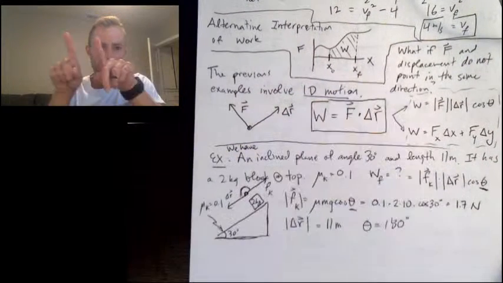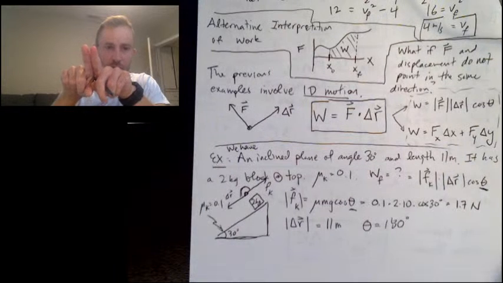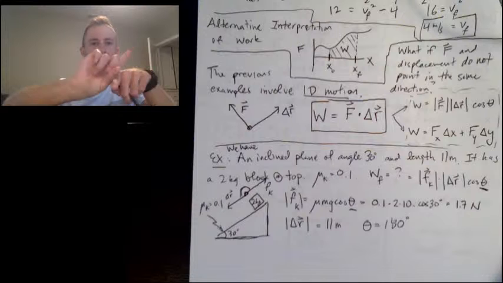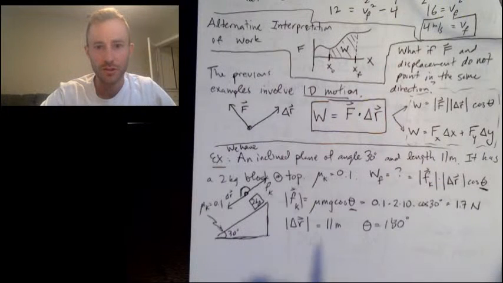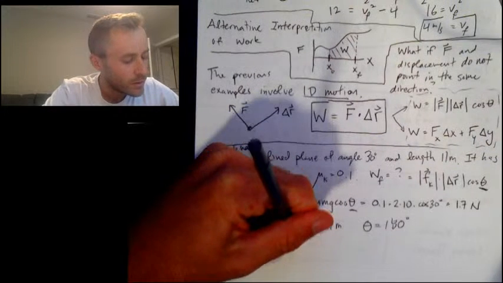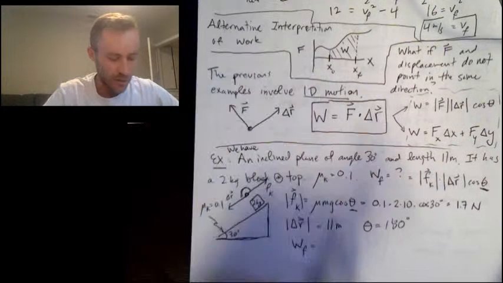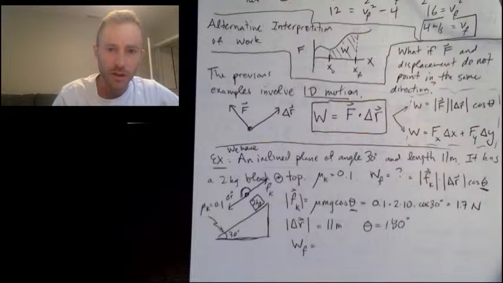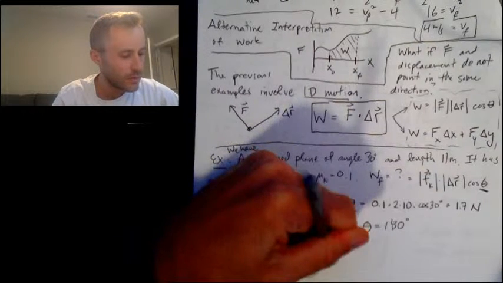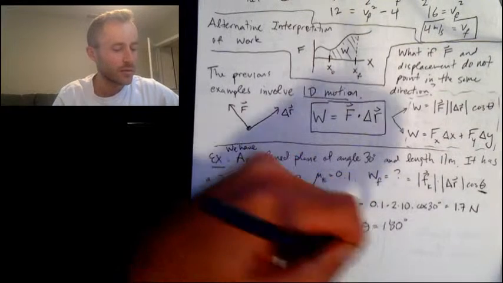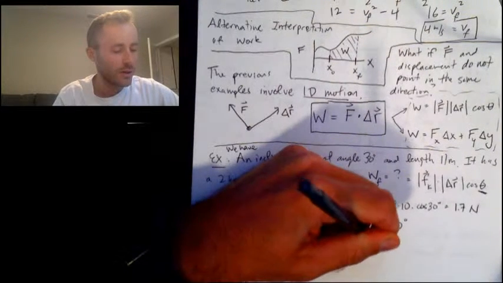If two vectors are parallel, the angle between them is 0. If they're anti-parallel, you have to rotate one by 180 degrees to make it point in the opposite direction. So anti-parallel vectors have an angle of 180 degrees between them. So this gives a work done by friction of 1.7 times delta R, which is 11, times cosine of 180.